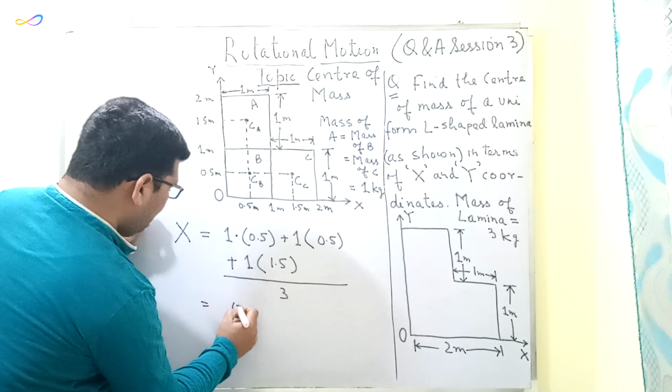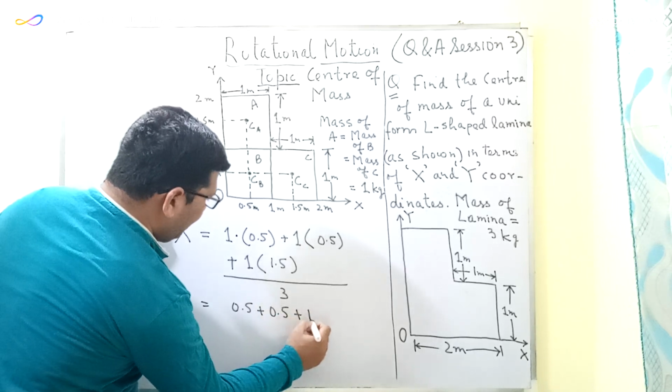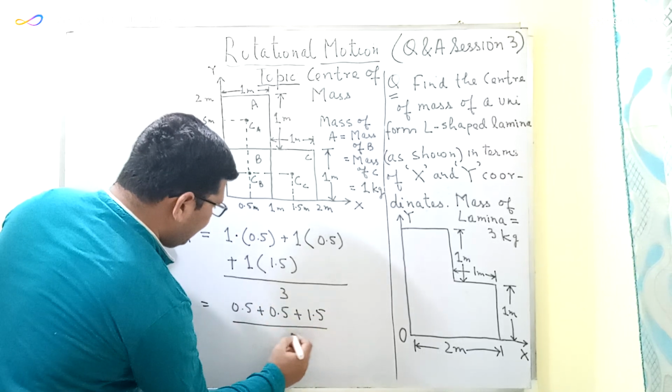So this is equal to 0.5 plus 0.5 plus 1.5 divided by 3.